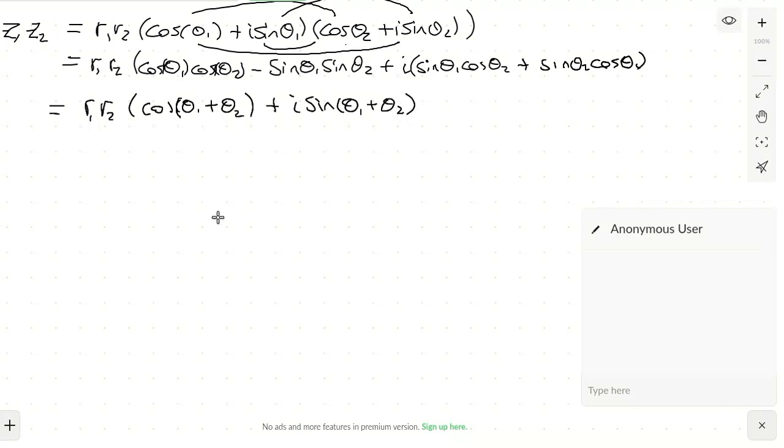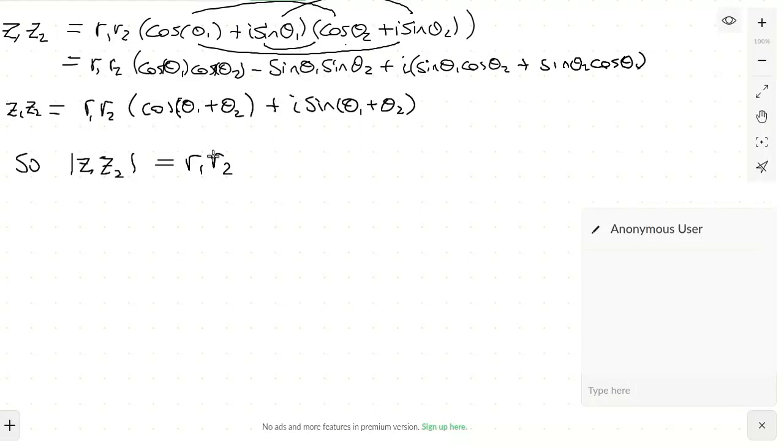Okay, so we take a look back at this and think, well, what is this? If we look at z1 z2, this is now in modulus argument form. So what is the modulus of z1 z2? It's simply the number before the cos of stuff plus i sine of stuff, so it equals r1 r2.